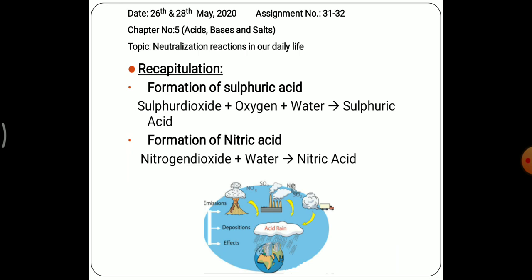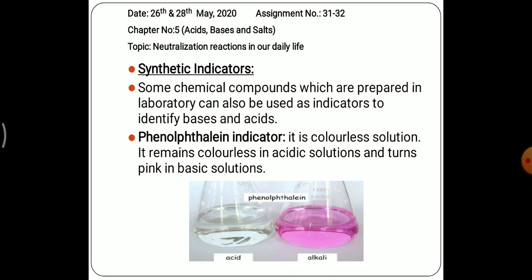So now we will proceed with our topic for today. Till now we have studied about natural indicators, which we get from nature. We have studied about litmus indicator, turmeric, and then yesterday China rose indicator. They are all natural indicators which we get from nature.